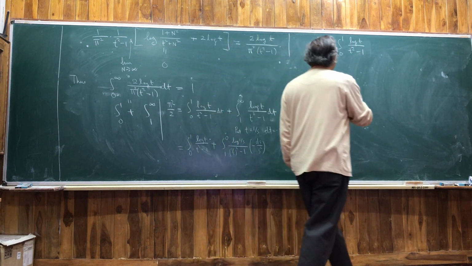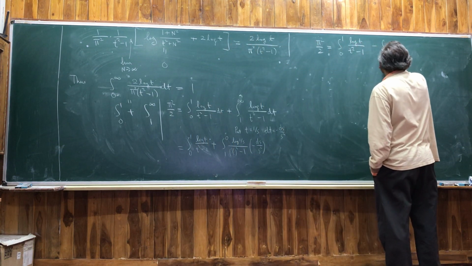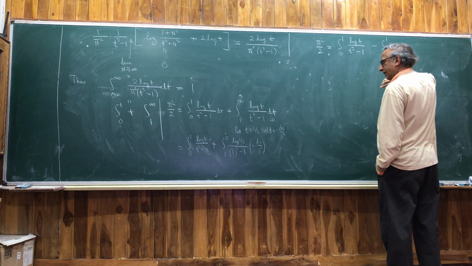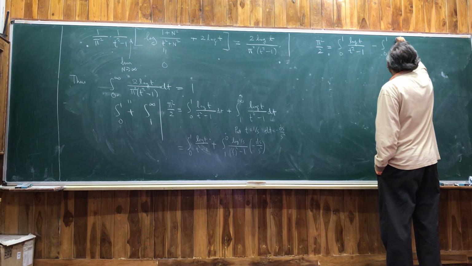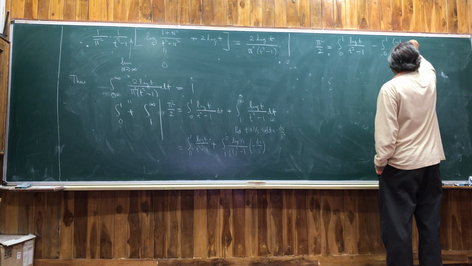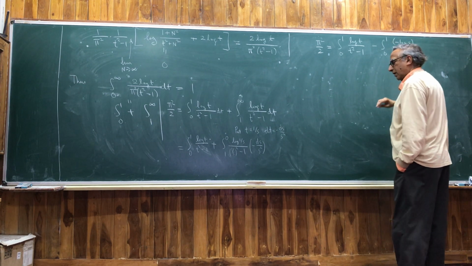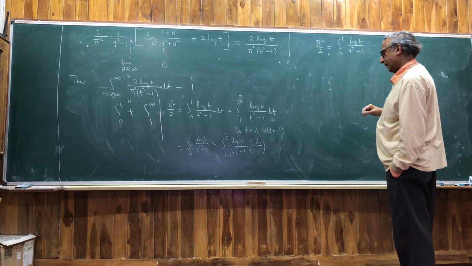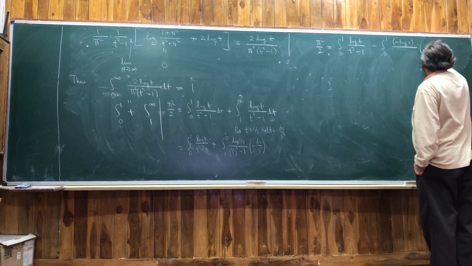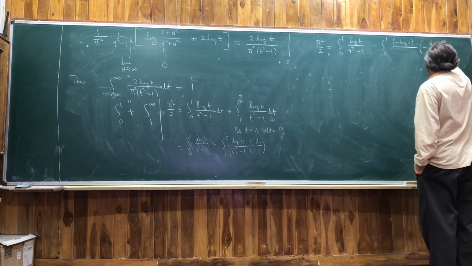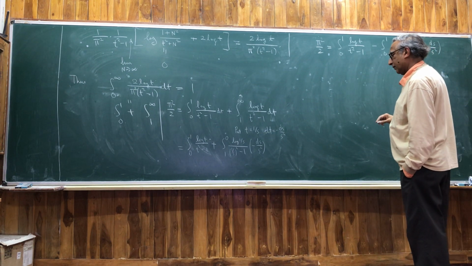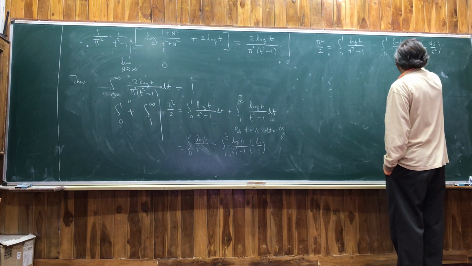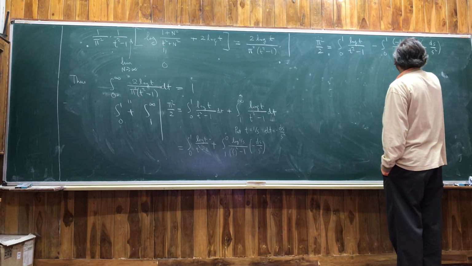So minus the integral 0 to 1 of minus log s, and there's a minus ds over s squared, and then there's a 1 minus s squared over s squared.